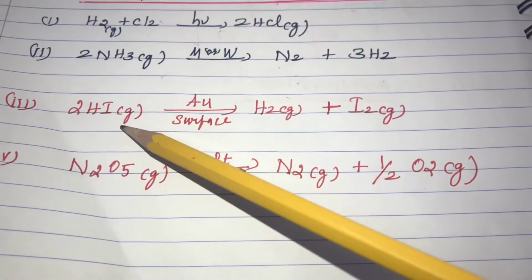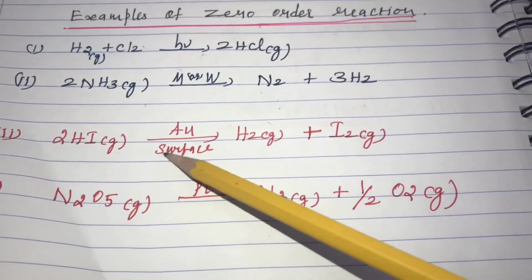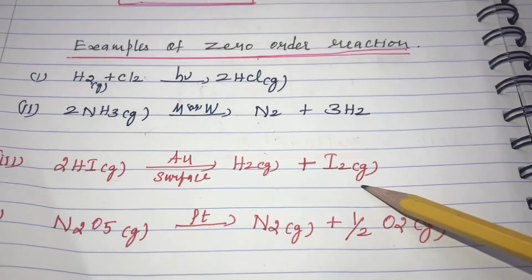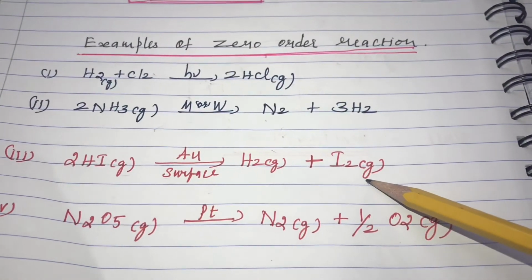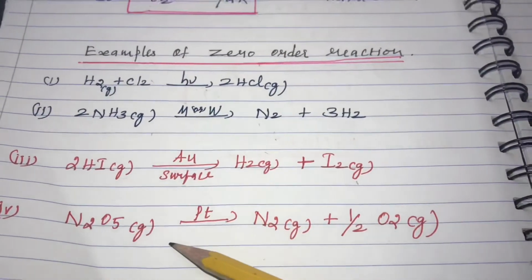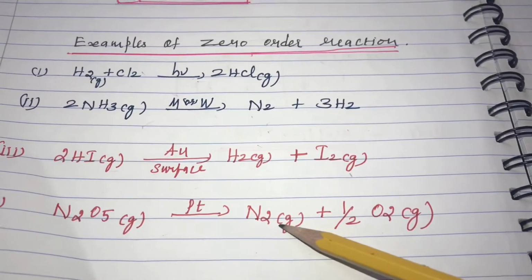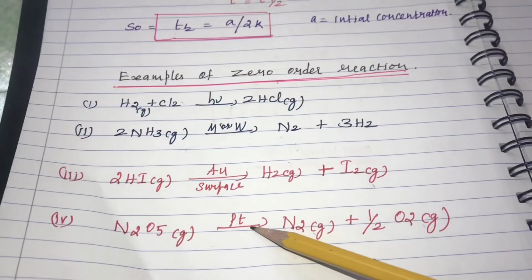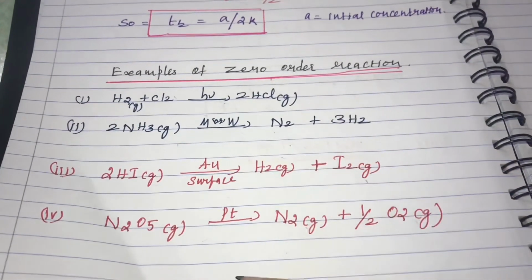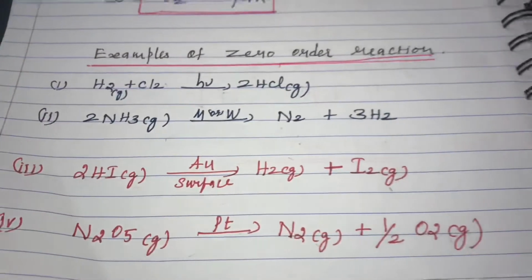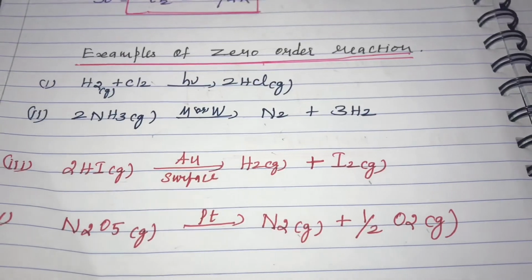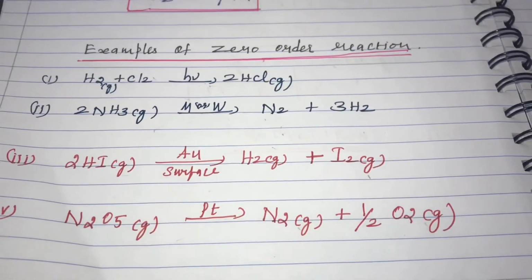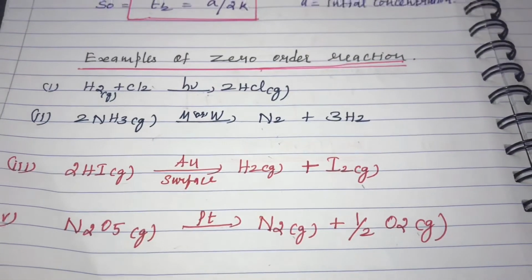And the next one is the decomposition of hydrogen iodide in the presence of gold surface to form hydrogen and iodine, example of zero order reaction. Decomposition of nitrogen pentoxide to form nitrogen and oxygen over platinum surface is an example of zero order reaction. So, these are all examples of zero order reaction where the rate of the reaction does not depend upon concentration of the substance.